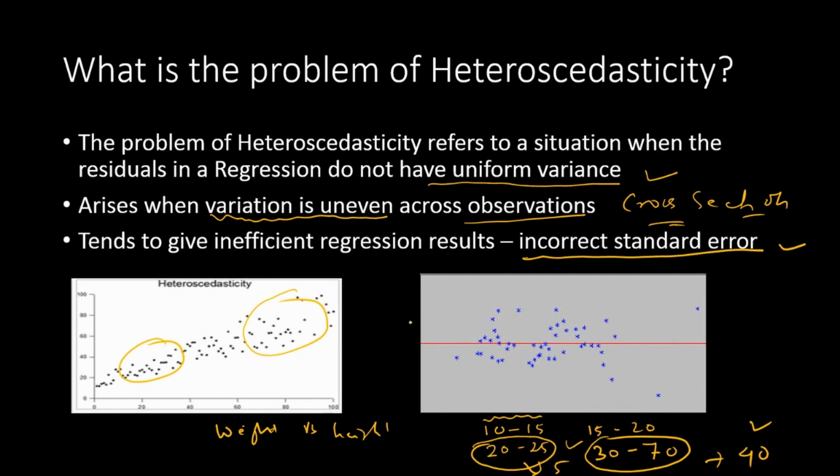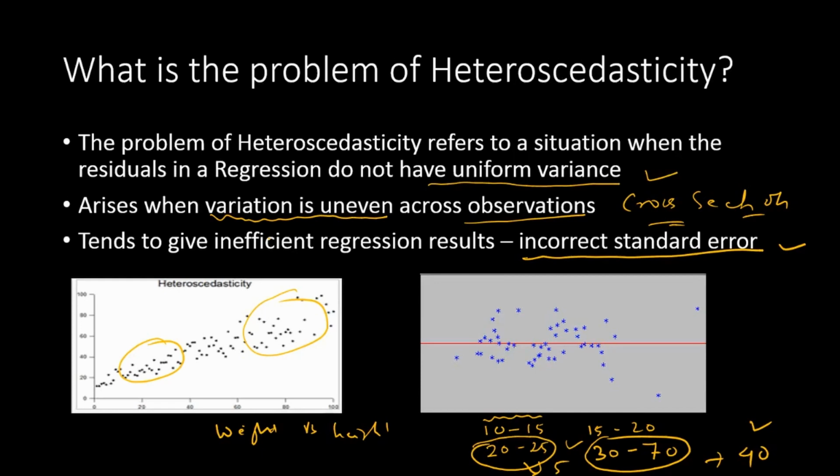Another indication of heteroscedasticity is when you look at the errors. The errors should be uniformly distributed across the line, right? So it should pass through uniformly, and in some cases you will see that there is a deviation. Some observations are lying far away from the other observations.